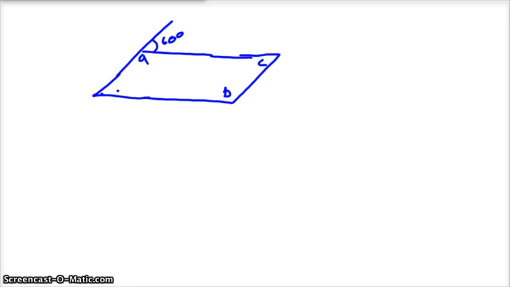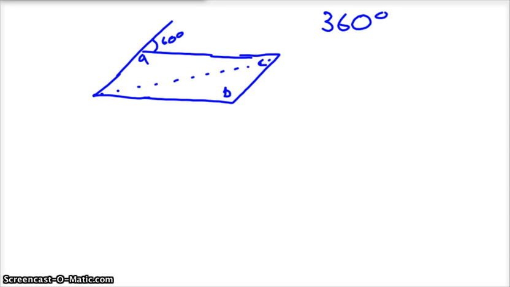Let me make a dash. So we make a triangle, and however many triangles there are, we multiply that number by 180. So 2 times 180 equals 360. So there are 360 degrees in this parallelogram total.